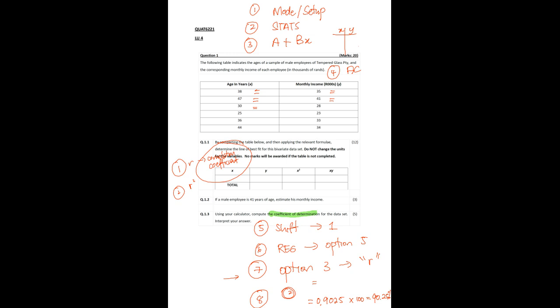Like here on this page on the screen, there was just one question that asked you to use your calculator. So most of the time, it's just one question that will be asked. They're not going to ask you, for example, to do the correlation coefficient and the coefficient of determination and A and B all on the calculator. It will just be one of them.